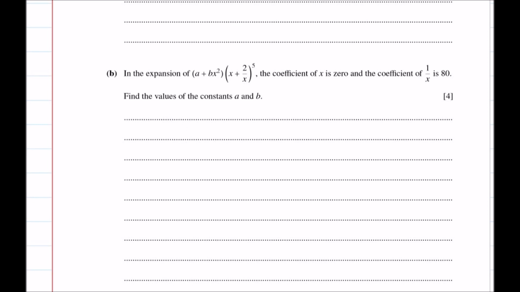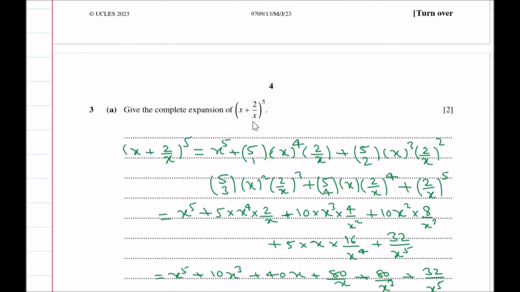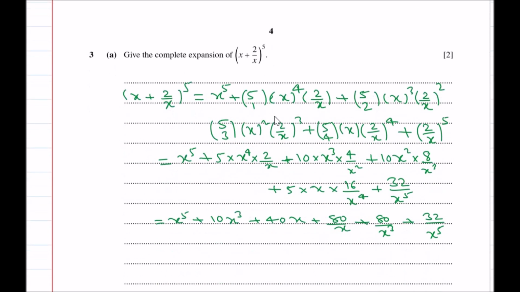It says (a + bx square), that is one bracket. Other bracket we have (x + 2/x) to the power 5, which we have expanded.